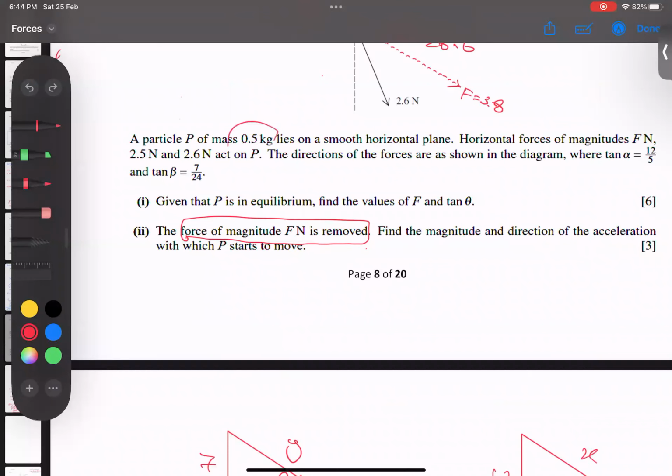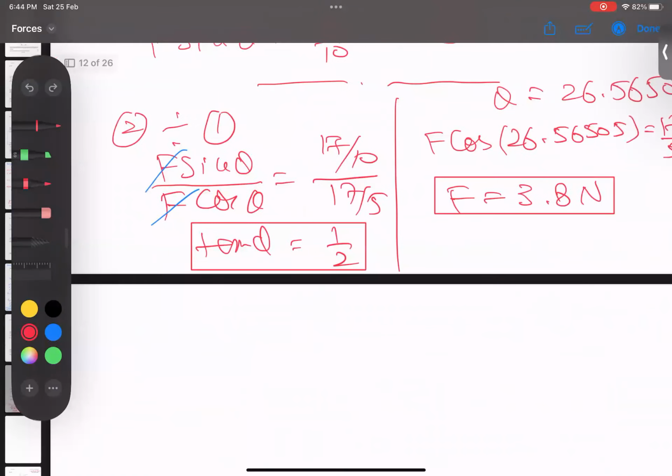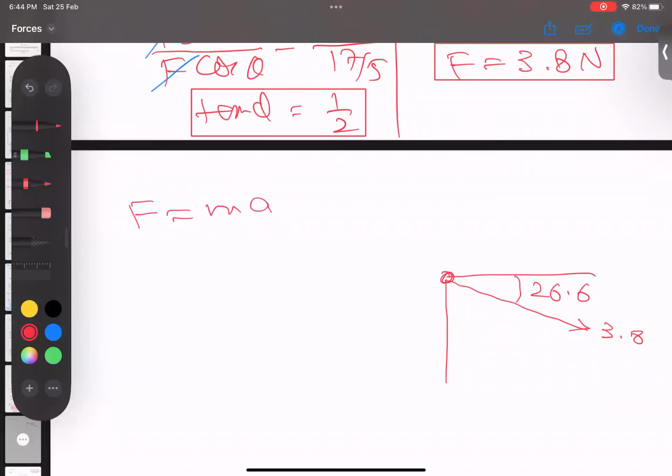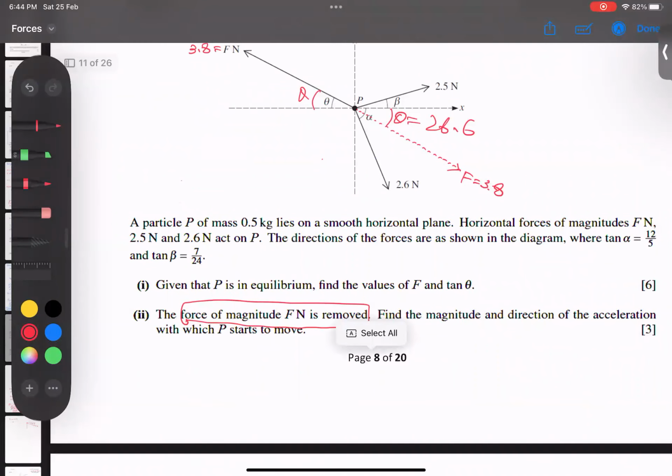So what is the formula? Mass into acceleration. Finally, this is a particle, and this is the x-axis and y-axis, and this angle is 26.6, and the force is 3.8. So the formula is F equals ma, mass into acceleration. The mass given is 0.5.